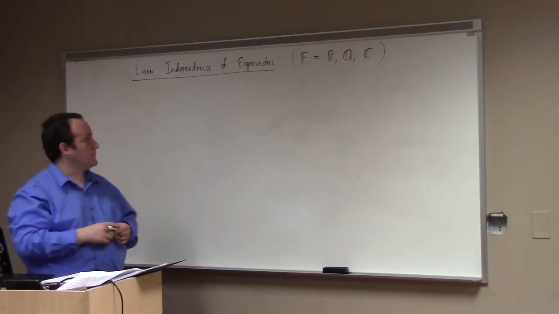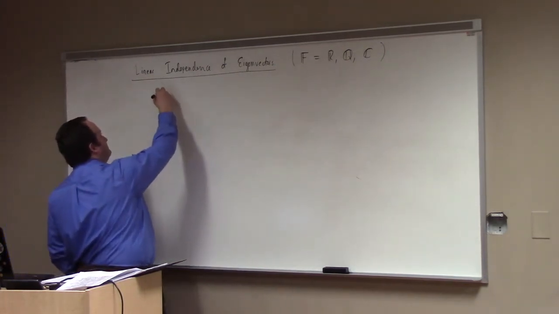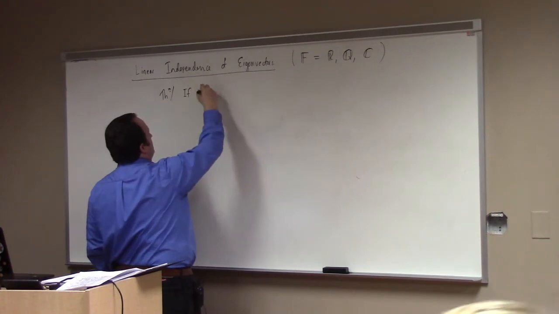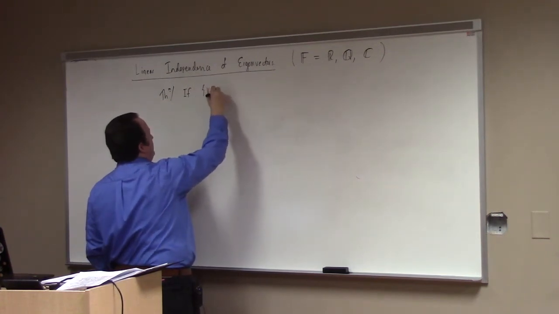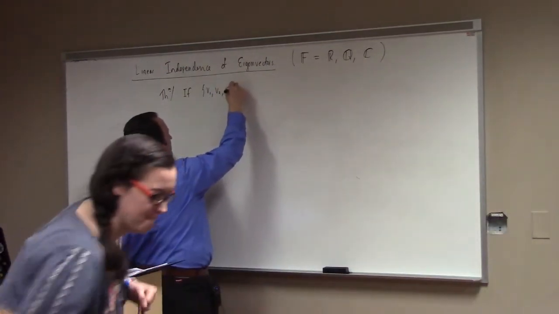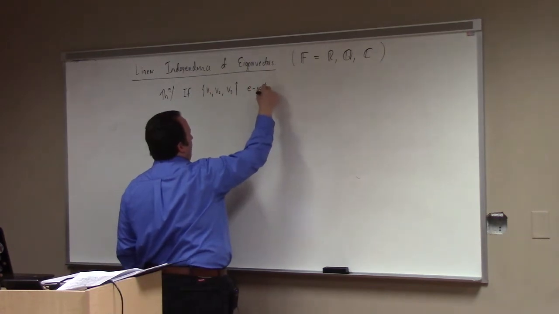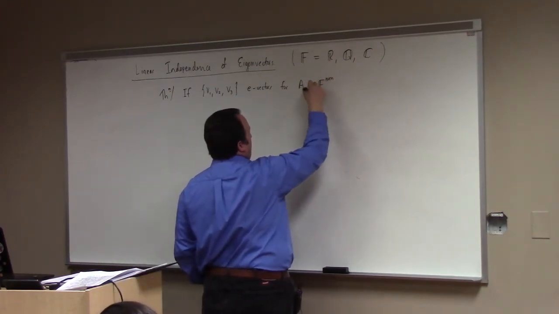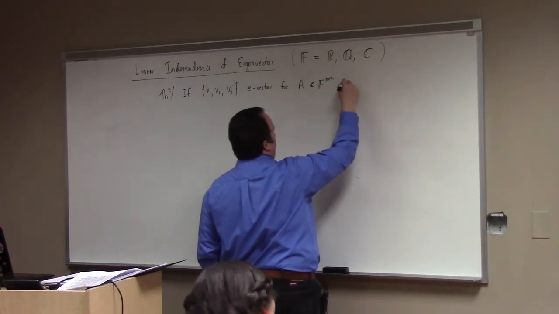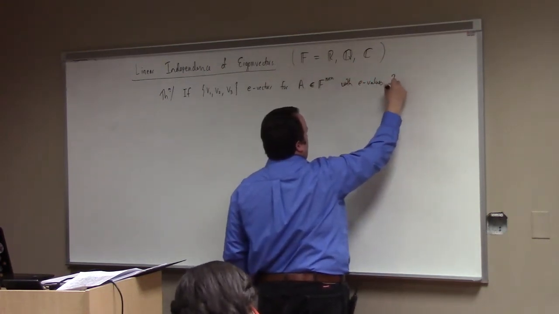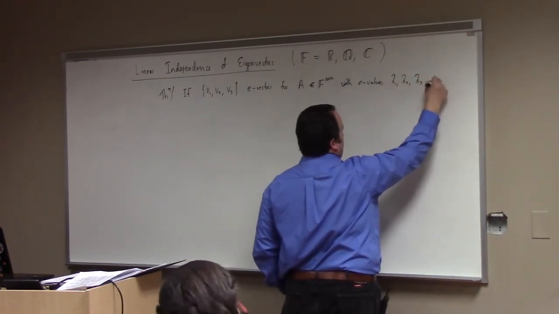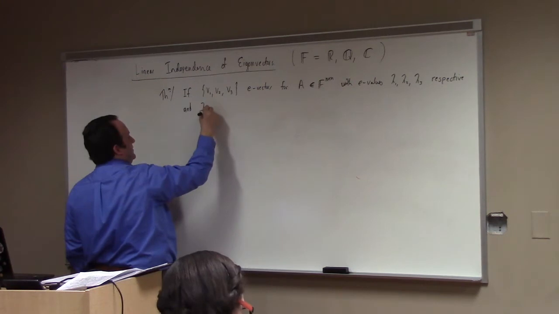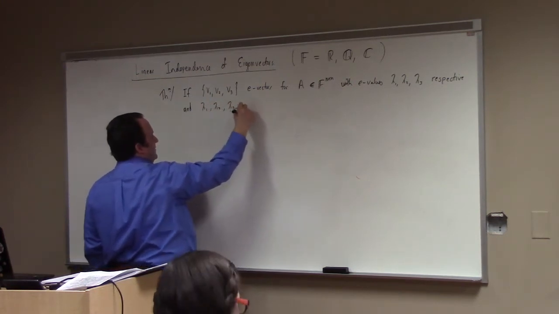But anyway, here's the theorem. If we have V1 and V2 and V3 eigenvectors for, let's say, A in n by n matrices over F, with eigenvalues lambda 1, lambda 2, lambda 3 respectively, and lambda 1, lambda 2, lambda 3 are distinct.